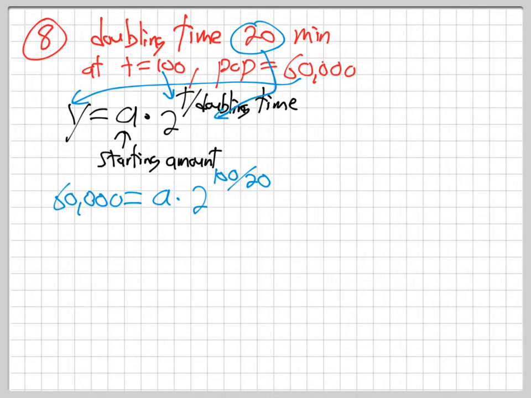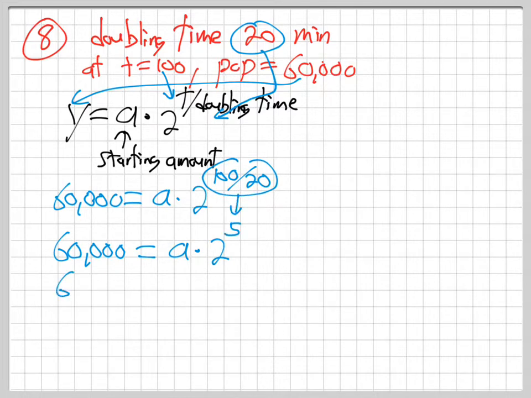The doubling time, 20 minutes, goes right here. So how does this equation break down? We get 60,000 equals a times 2 to the 100 divided by 20, which is 5. So that's 60,000 equals a times 32, since 2 to the 5th power is 32. Let's solve for a.